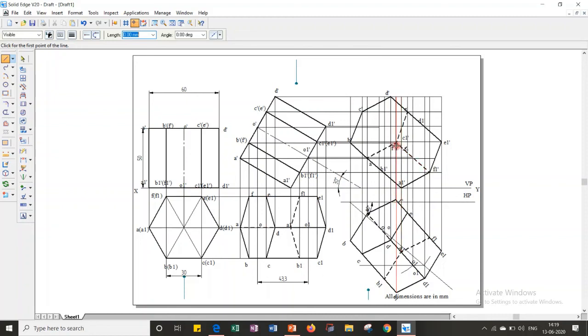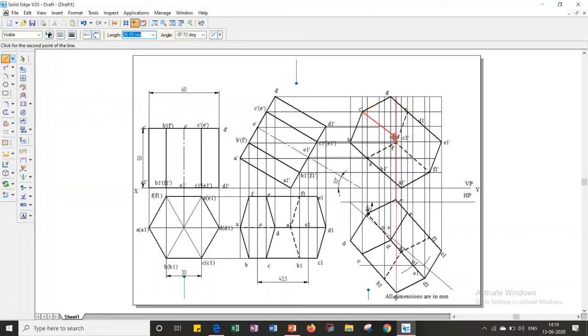C1 is located very close to F1. When you observe from here, this point C1 is located here, nearer to the observer. So all three lines will be continuous, and the three lines to C1 are one from B1 to C1, D1 to C1, and C to C1.